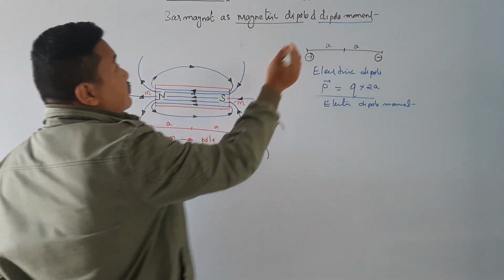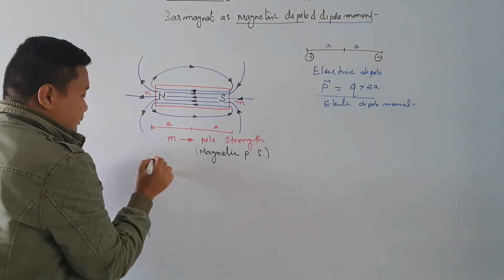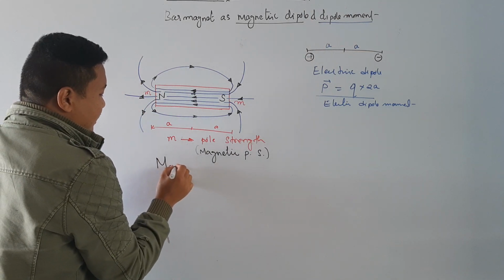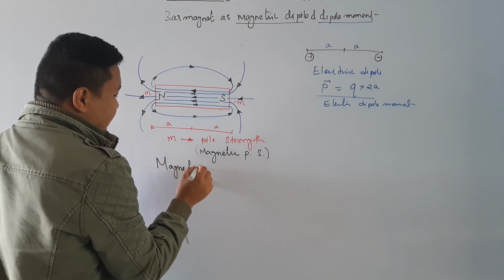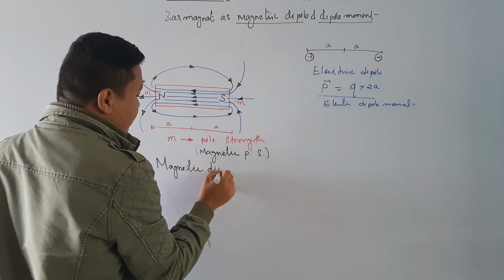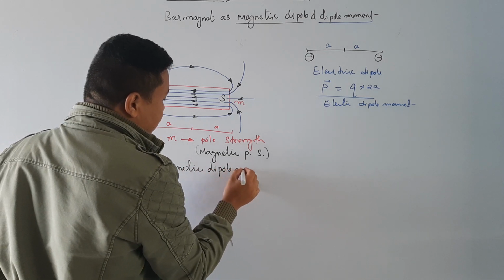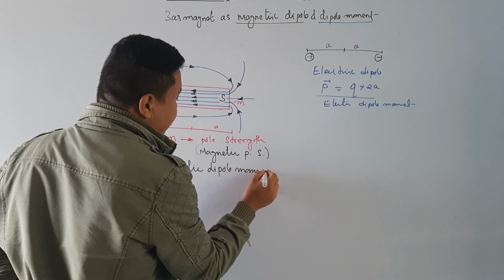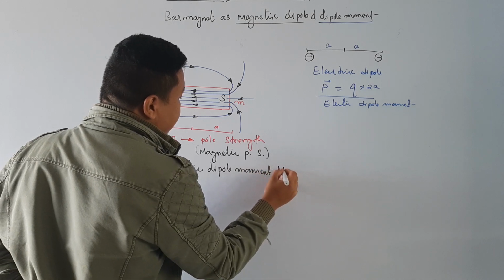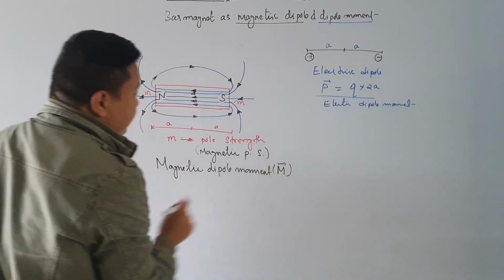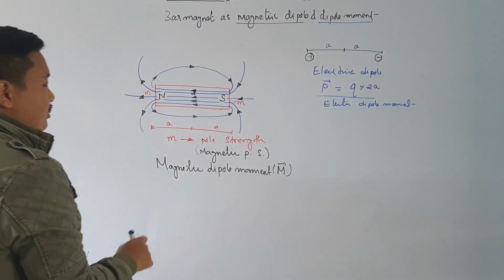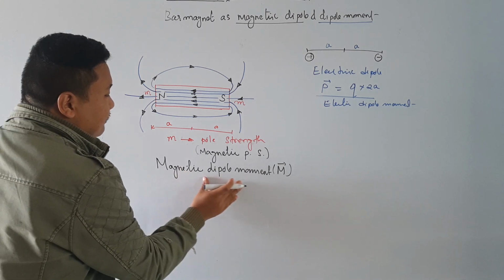So let me go now to the dipole moment. This can be termed magnetic dipole moment, and it is denoted by capital M vector. Most of the time we don't call this magnetic dipole moment.